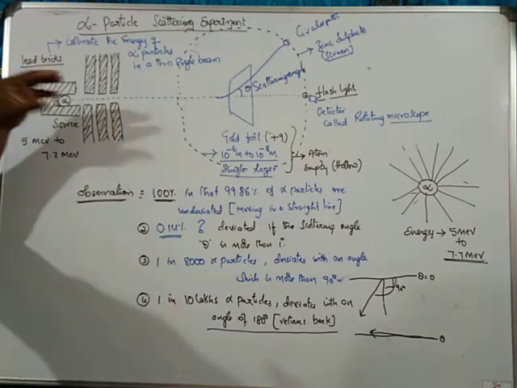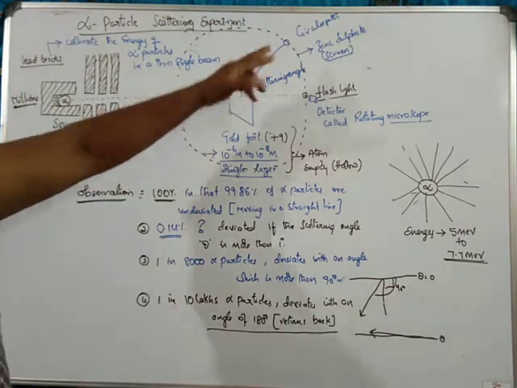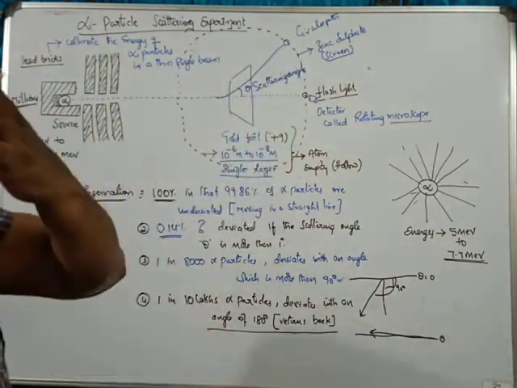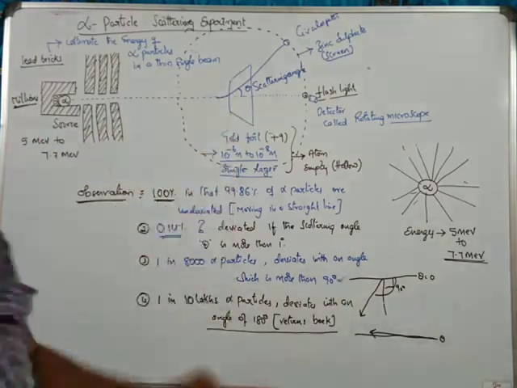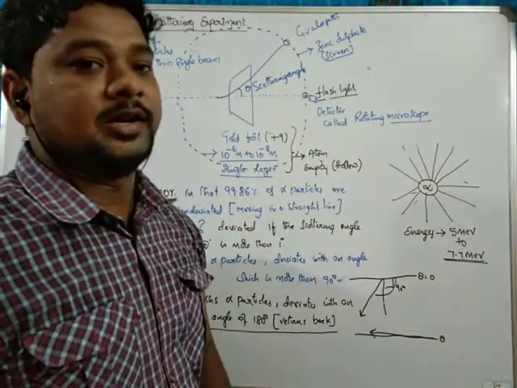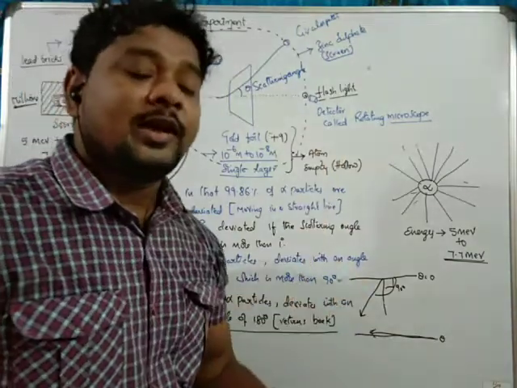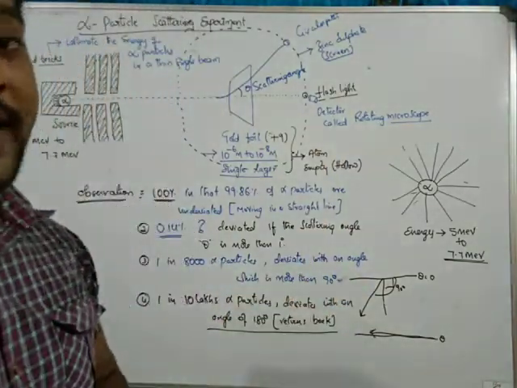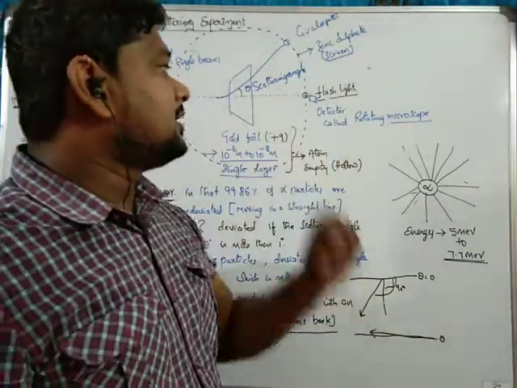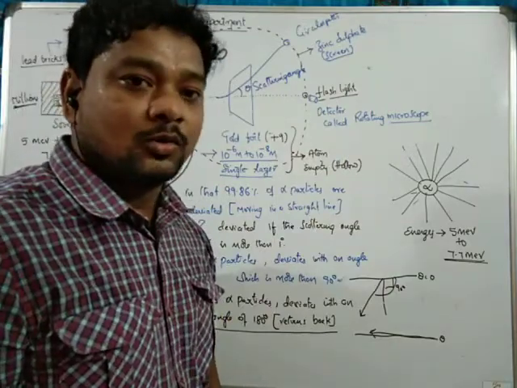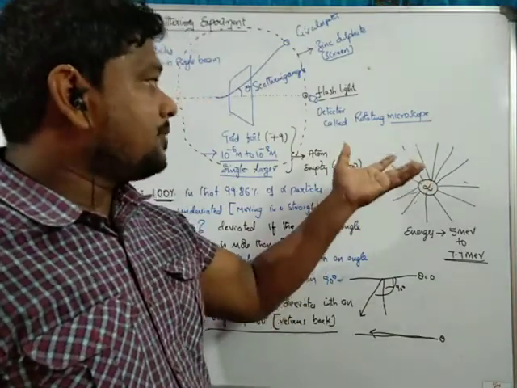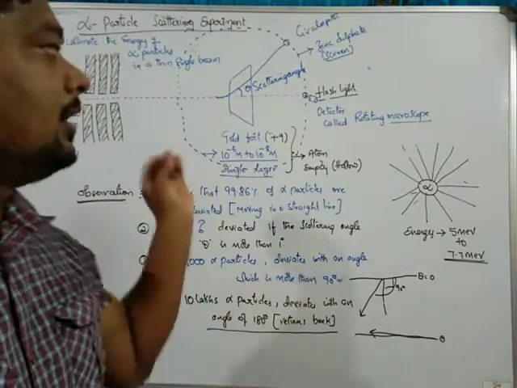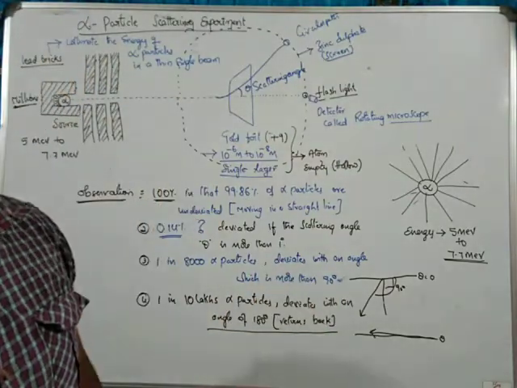Whenever we release some energy, it strikes the zinc sulfide screen. Whenever it strikes the zinc sulfide screen, we get flashes of light. We cannot detect these flashes directly with our naked eyes. For that, we are using a detector called a rotating microscope. By using this rotating microscope, we can detect how many strikes we get.